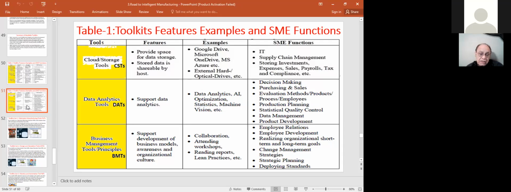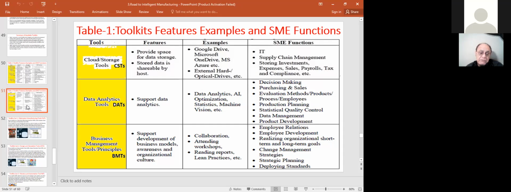Then there are DATs. DATs are data analytical tools. And these data analytical tools really support data analytics. And there is another set of toolkits.